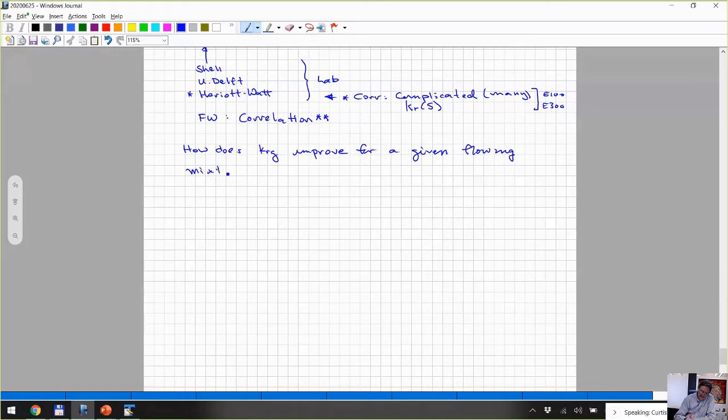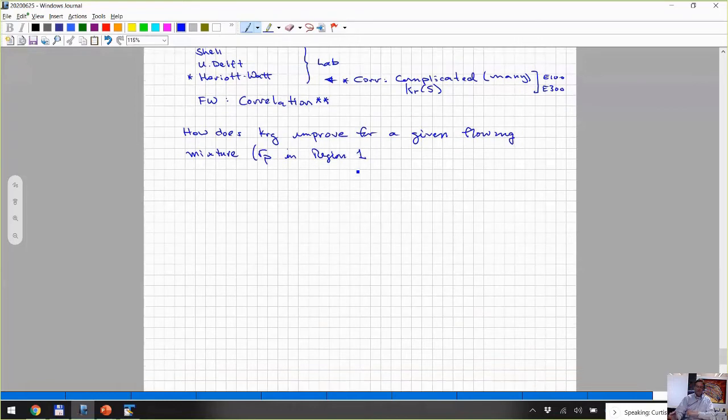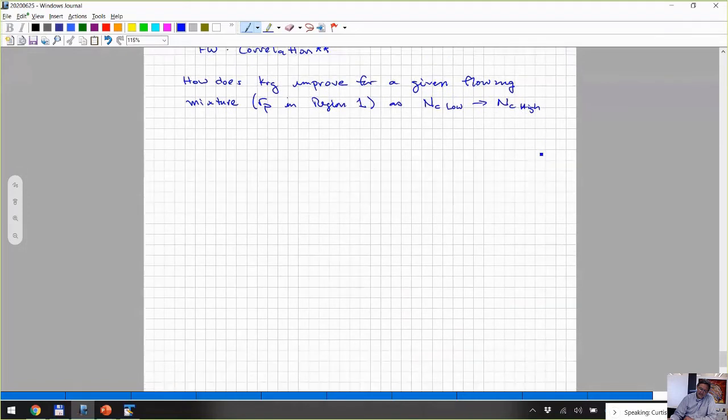And when I say a given flowing mixture, I'm talking about a certain RP within region 1. As you go from low values of capillary number towards high numbers, high values of capillary number. Okay?